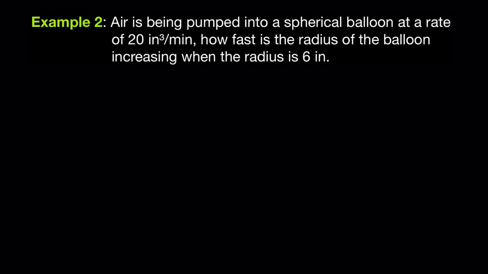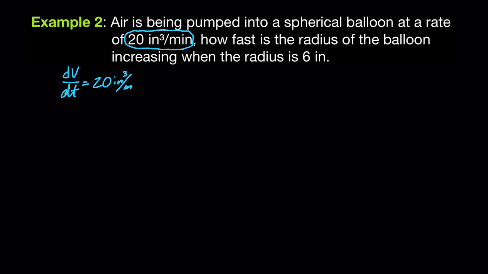So on the next problem, we have air being pumped into a spherical balloon at a rate of 20 cubic inches per minute. 20 cubic inches per minute is a change in volume. It's the rate in which the volume is changing. So that would be a dV/dt measurement.